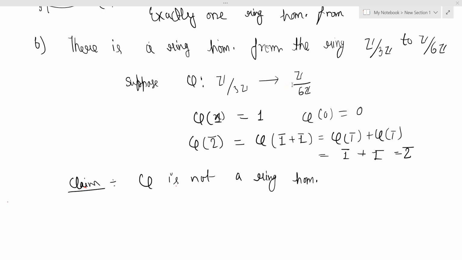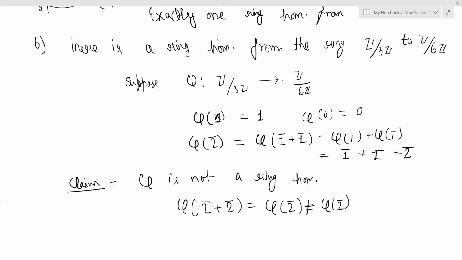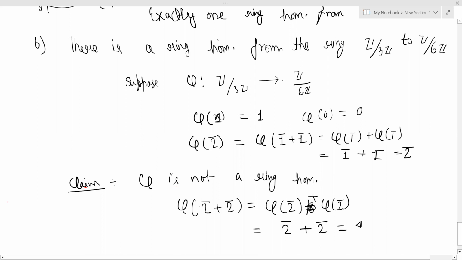Okay. No one wants to respond, so let me write. Phi of 2 bar, 2 bar is equal to phi 2 bar plus phi 2 bar. But this is 2 bar in Z mod 6Z plus 2 bar, which is 4 bar.